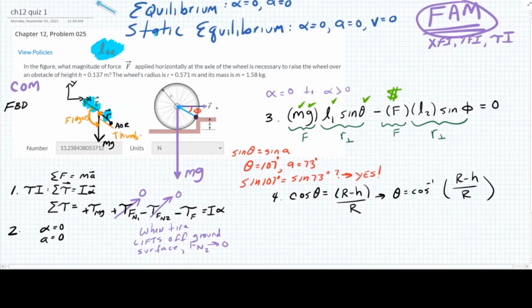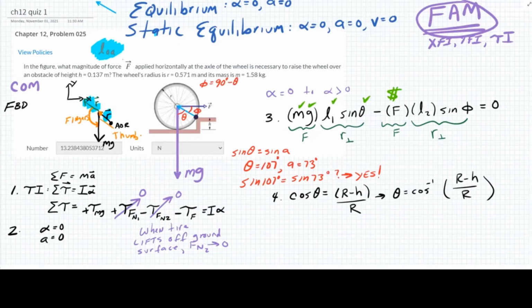Okay, angle phi. How can I figure that out? Well, I know that if this is angle theta, and I already said this is angle theta, and I actually have a number, I know angle theta. So you can see phi equals 90 degrees minus theta.